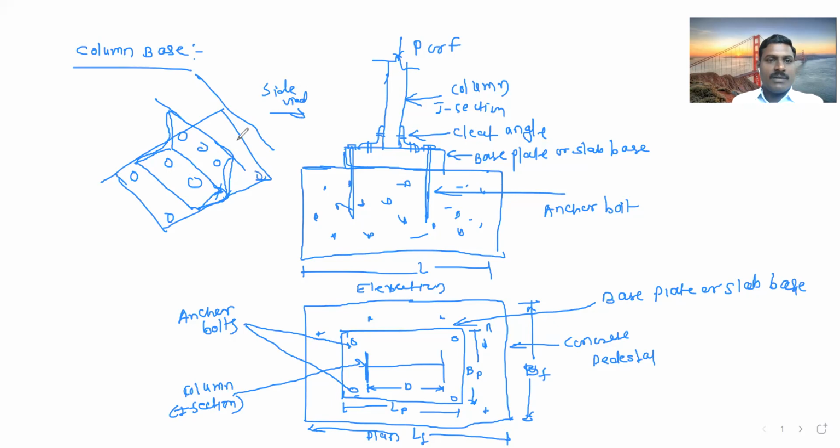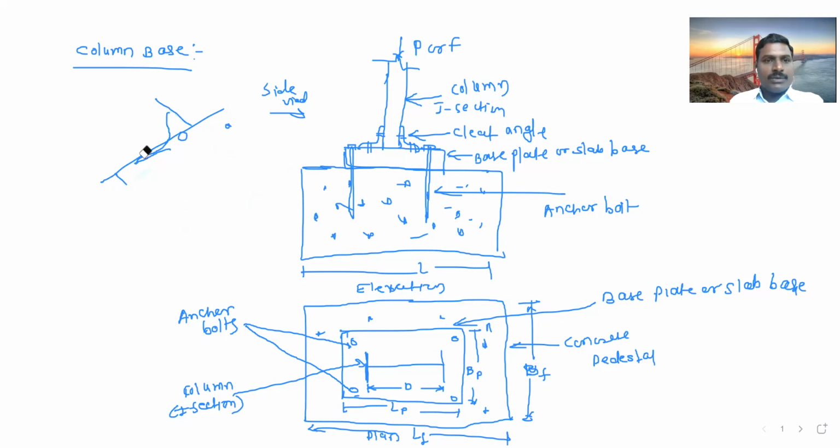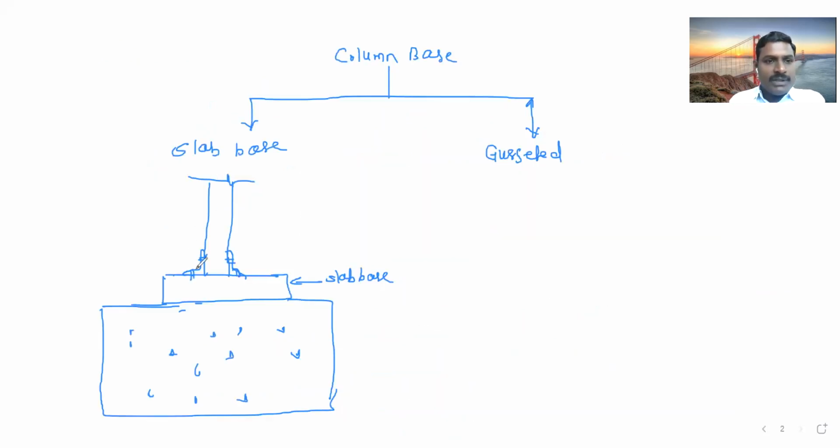These are the anchor bolts. This is the slab base, the cleat angle, and the column.